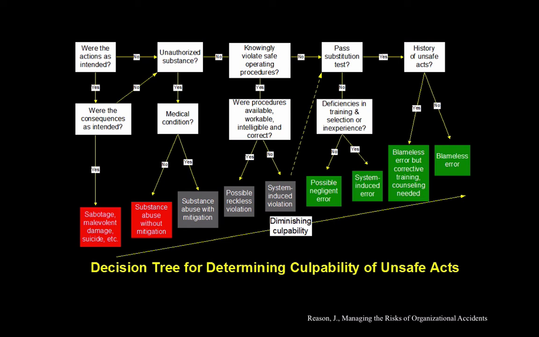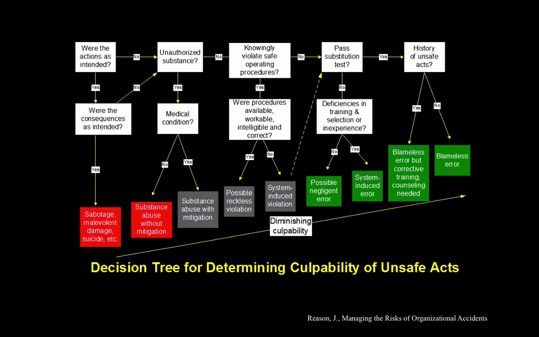If you put another person under similar circumstances with a similar amount of competency, would he or she have done the same thing? If the answer is no, that means this particular person in question had some deficiencies in training and selection, or probably just inexperience. And if that is not the case, then that is a negligent error. And if it is the case, then again it is a system induced error, because the system did not train properly or did not select properly.